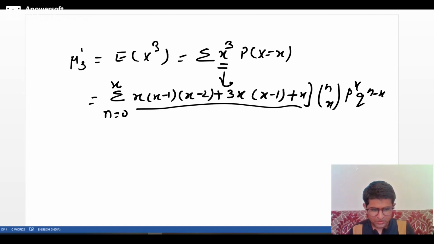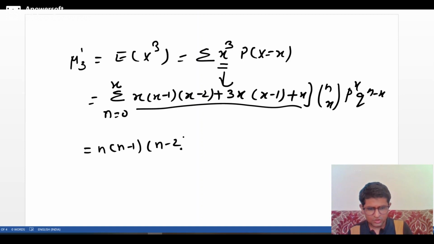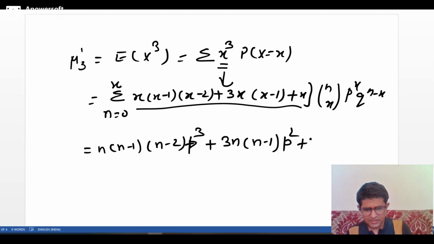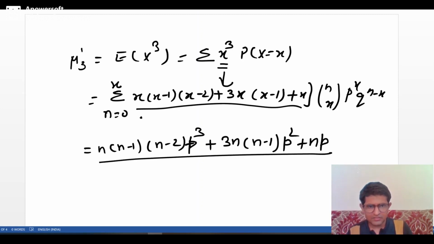Now with the help of these, I write directly: n(n minus 1)(n minus 2)p cube plus 3n(n minus 1)p square plus np. This is the expression.